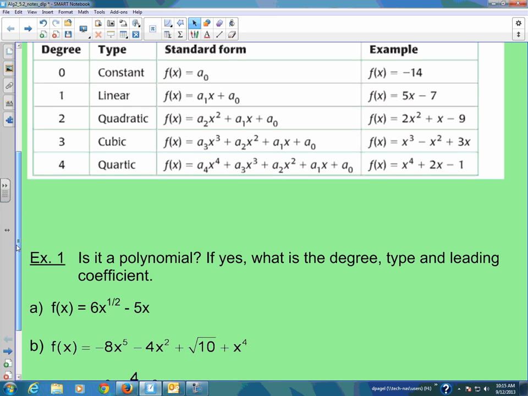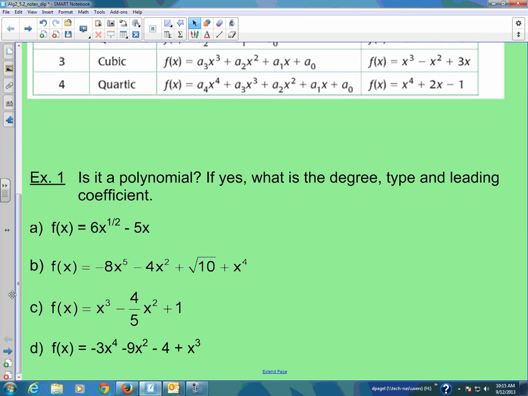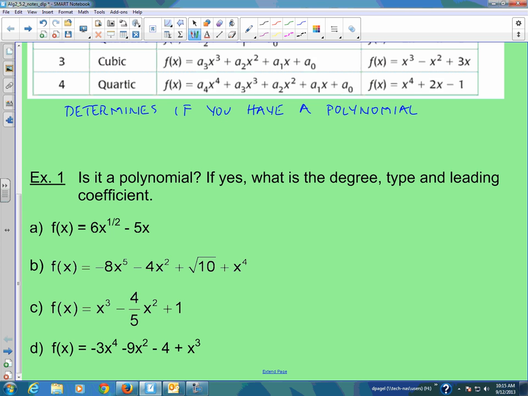All right, the definition of a polynomial. What makes something a polynomial? There are 2 things that we're going to focus on that determine whether or not you have a polynomial. Two things. We're going to look at the exponents, and we're going to look at the coefficients.